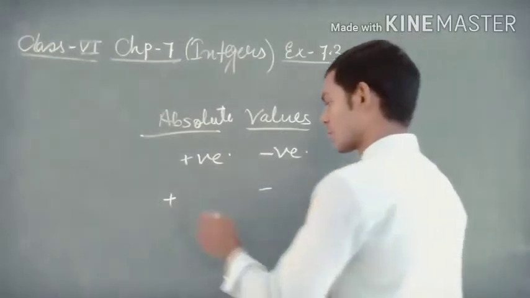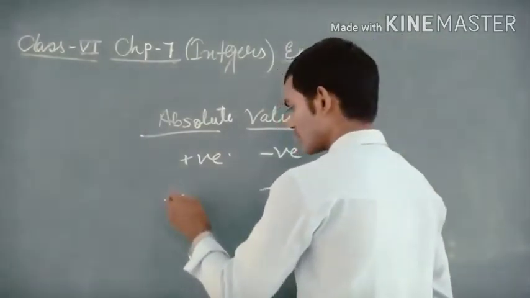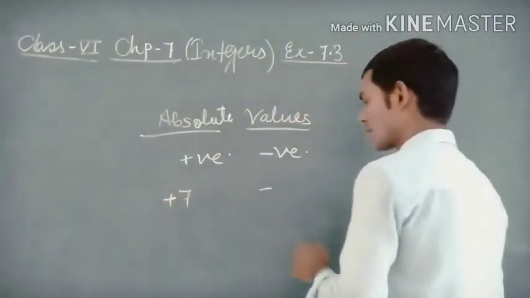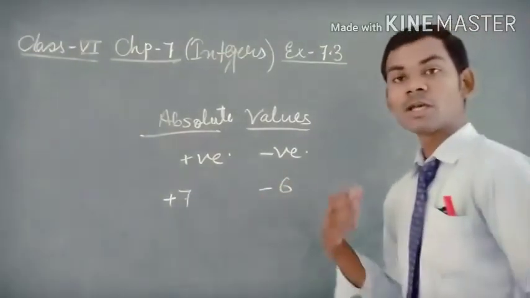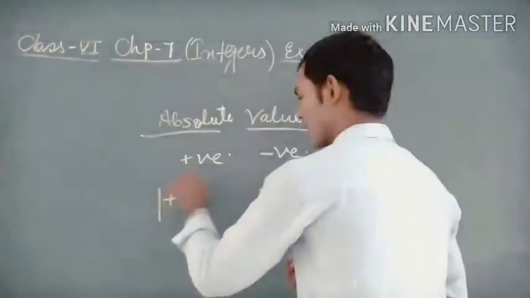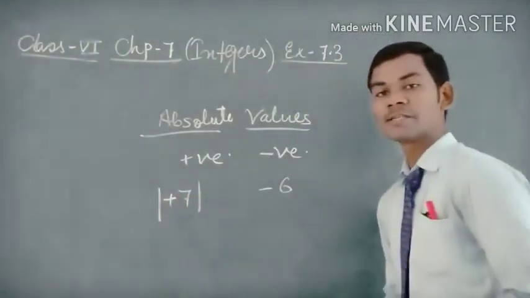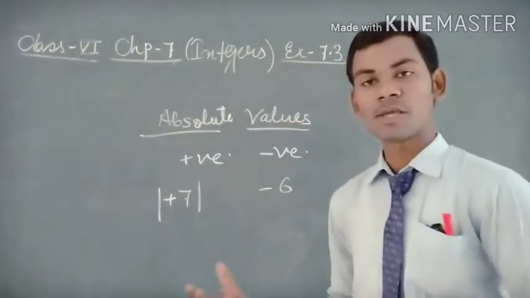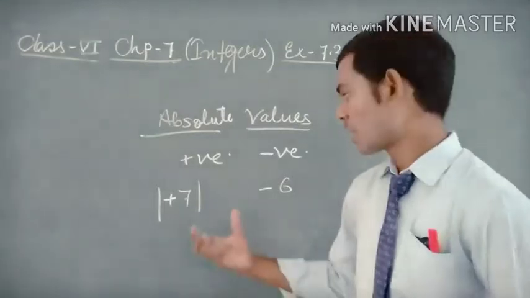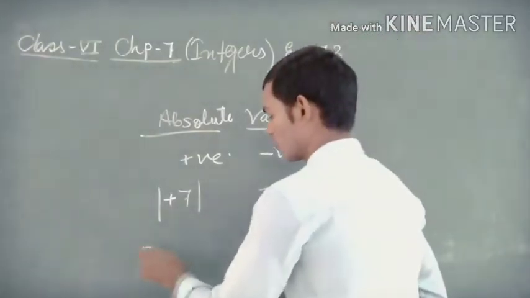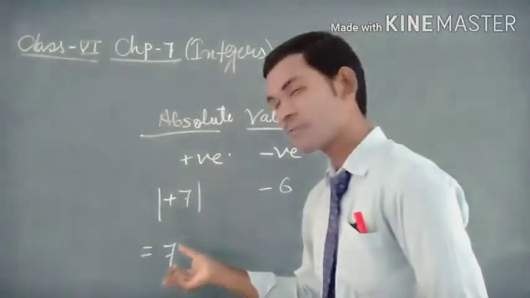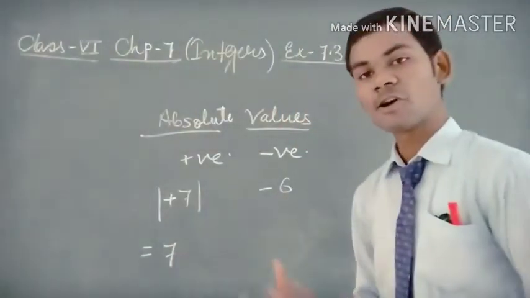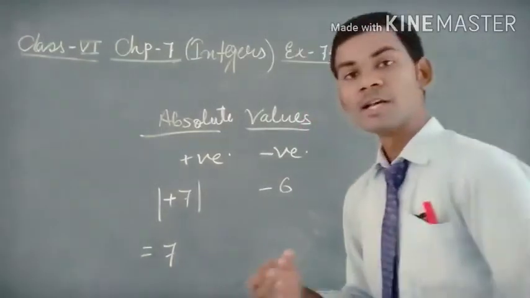Okay, just think about if the positive integer is plus 7 and the negative integer is minus 6, then if we find out their absolute value, we write them in the two vertical lines known as mod, or we can say modulus value, and when we write its absolute value, we get 7 only. So here we write 7, which is signless, or we can say it has been written without sign.